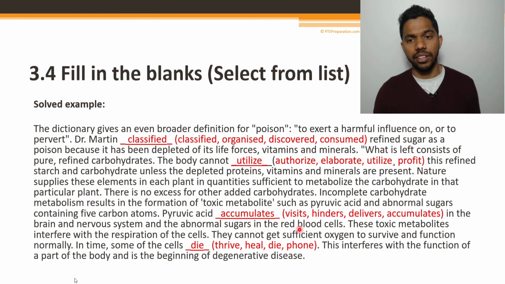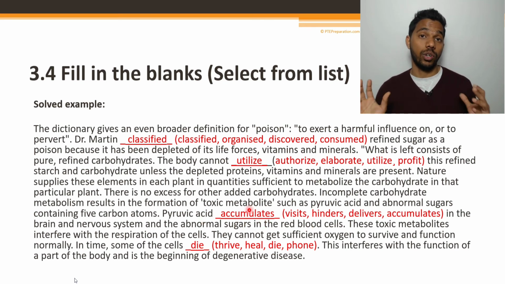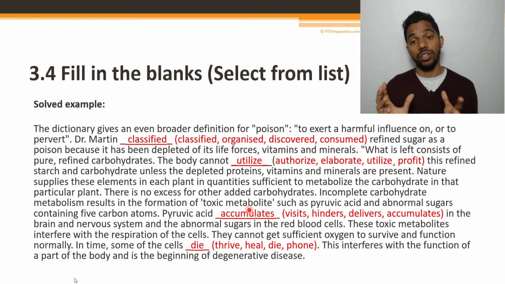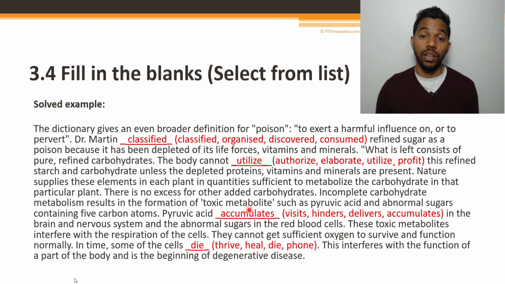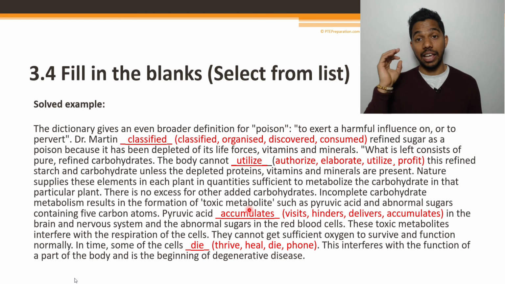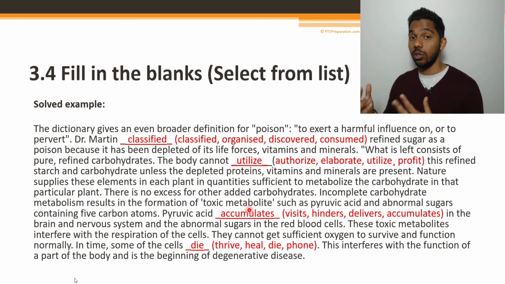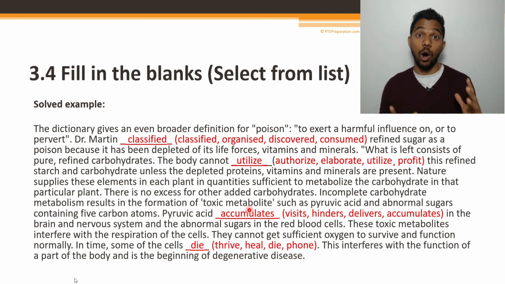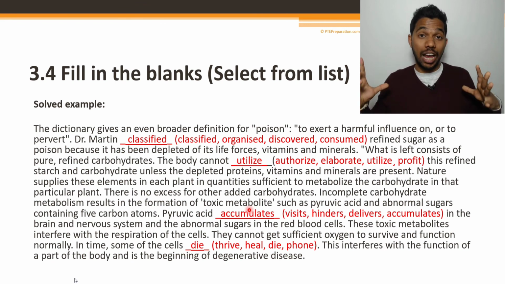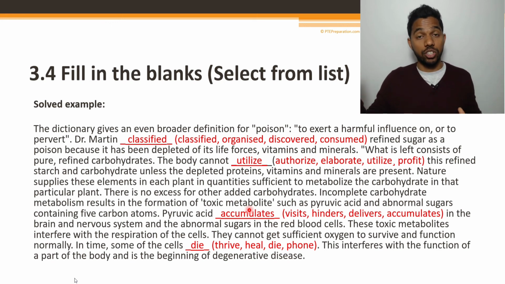And even in instances like this where accumulates in the brain, if you read a lot of English, you know that those are words that go well together. So again, your vocabulary and how much text you consume on a regular basis will be an important part of how well you do in the fill in the blanks. There's very little in terms of tips that will help you out here, but just improving your vocabulary and your English in general is going to help you. So check out the improving your overall English part if you're struggling with the fill in the blank section.